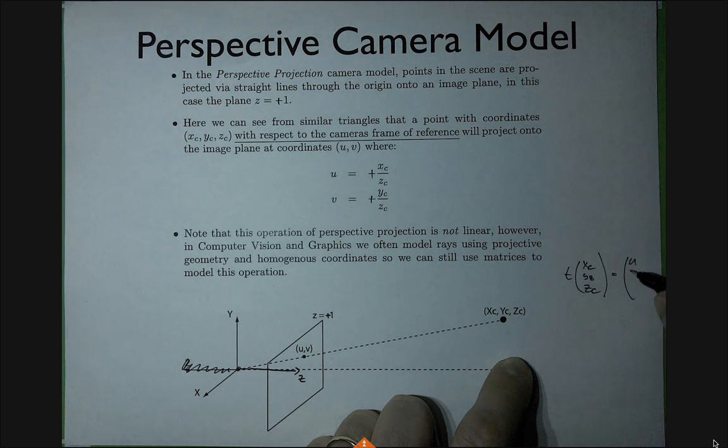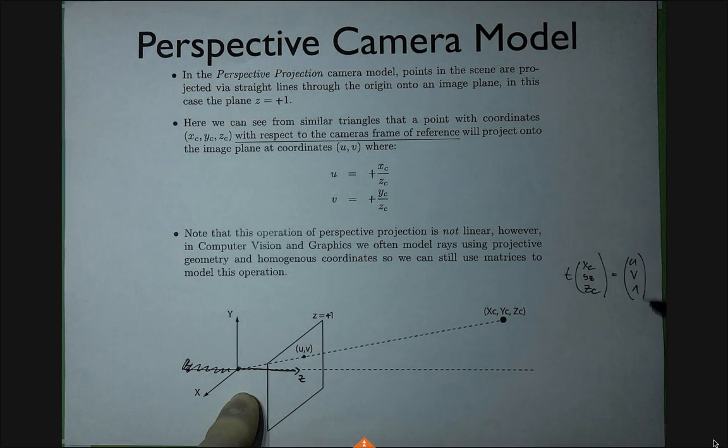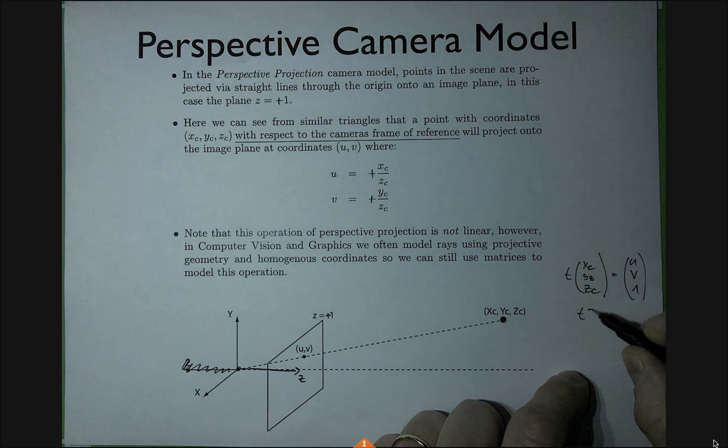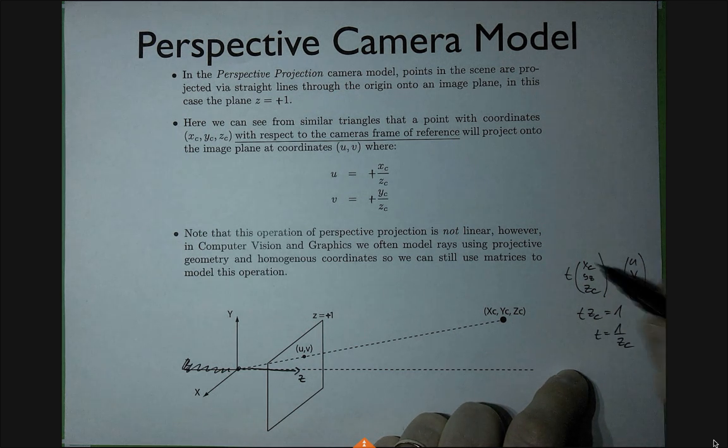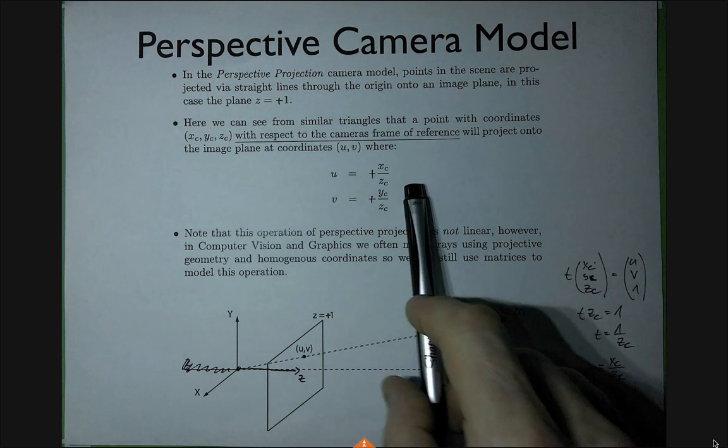Those u, v would be the coordinates of the intersection, and the plane has, of course, z equals 1. So from this you can see that t zc is 1, which means that t is 1 over zc. If I plug it in here, I see that u is xc divided by zc, and v is yc divided by zc. And that's what we have here.